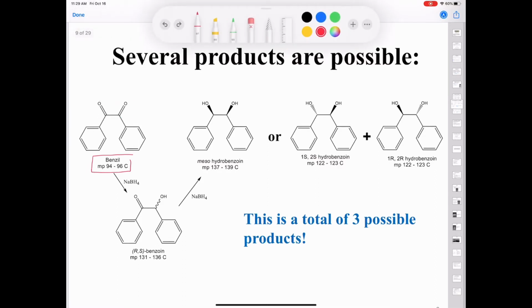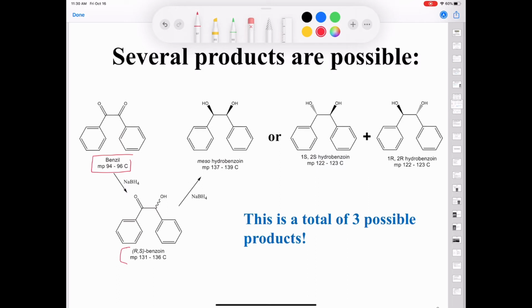Now we're going to treat that with sodium borohydride, and so there are several possible products that we could get. If we reduced only one of the carbonyls, the hydride could attack from either face of the molecule, and we could end up with this molecule called benzoin, and that would be racemic because, again, the hydride could attack from either face of the molecule. So that's one option.